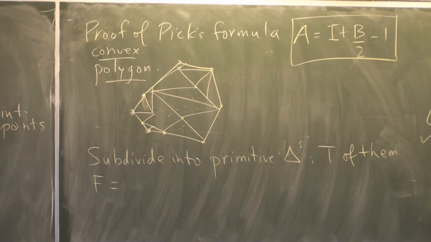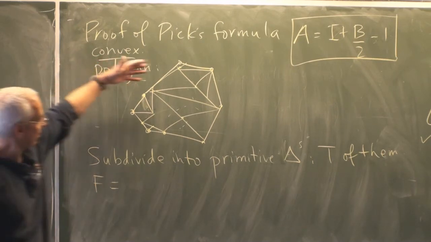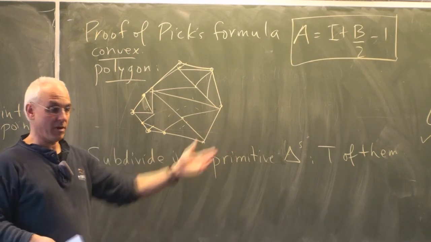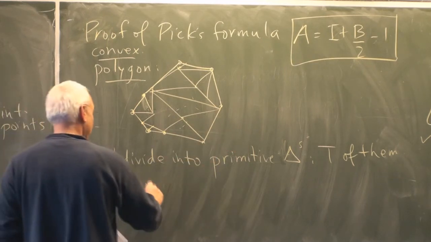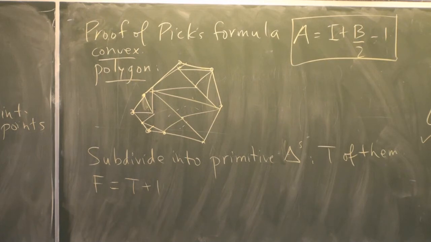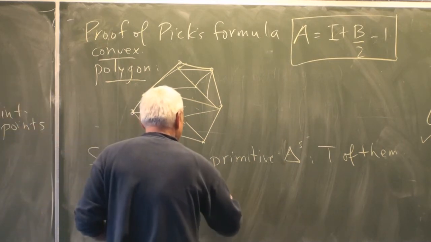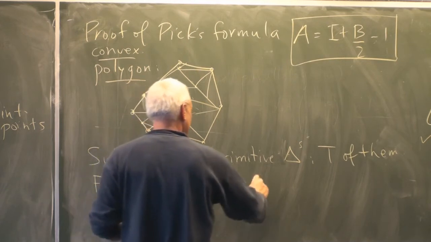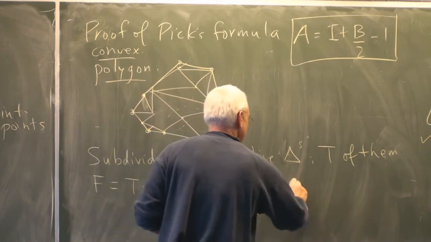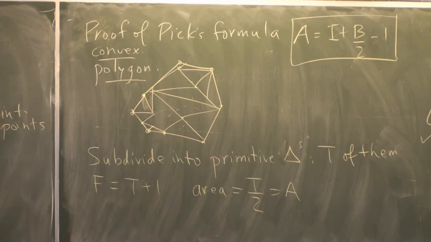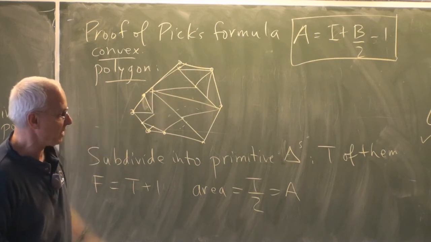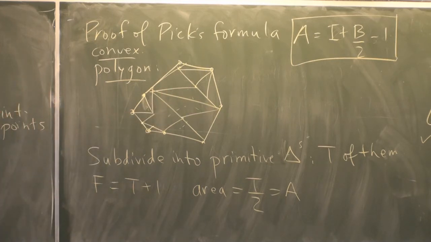So we've got T primitive triangles, and we look at this as a graph, like we have been before, and the number of faces is going to be T plus 1 because we have to include the boundary, the outside, for Euler's formula to work. And the area is, by our lemma, just T over 2. That's the quantity A that we're interested in. Because we're assuming the lemma that we've proven that a primitive integral triangle has area half. So if there are T of them, then we have T over 2 as the total area.